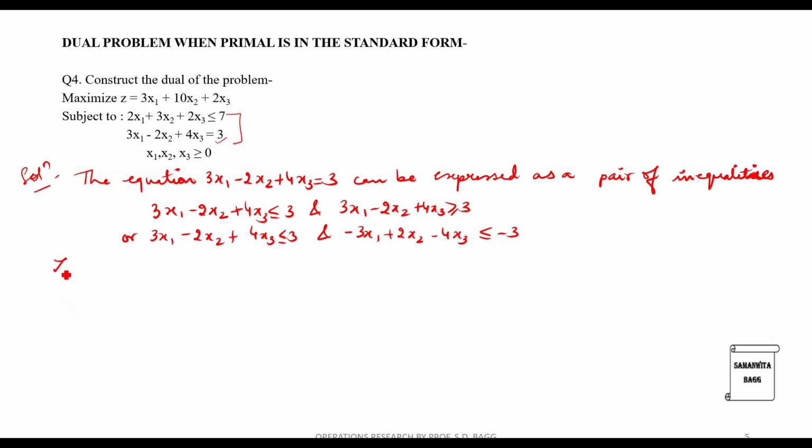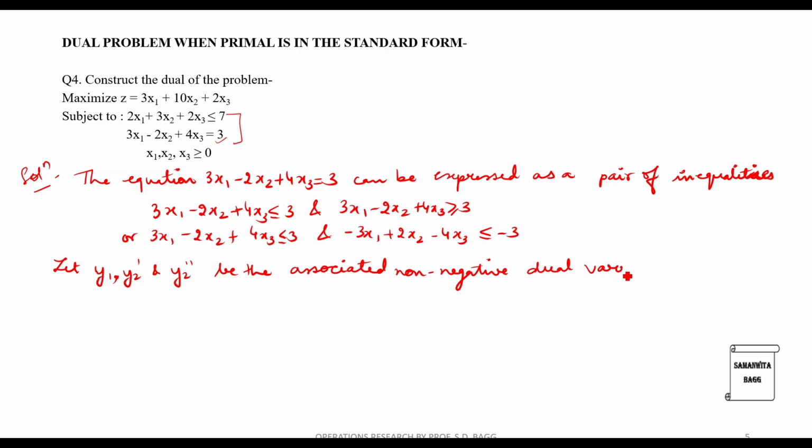Now I'll write down: let y1, y2 dash and y2 double dash be the associated non-negative dual variables.